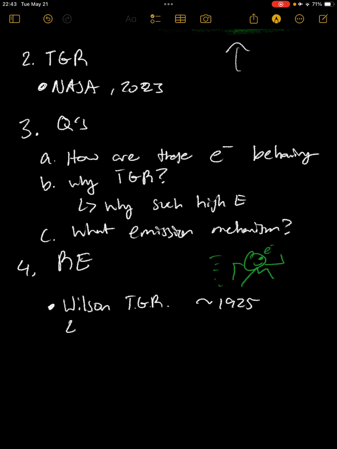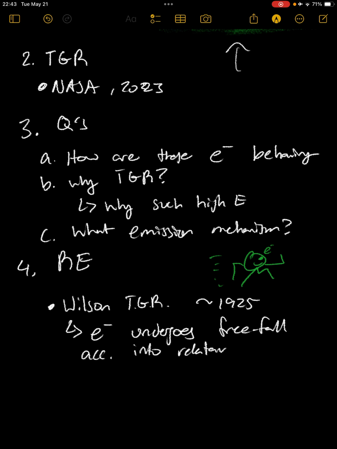And essentially, a runaway electron is an electron that undergoes free fall acceleration into relativistic particles. So it travels close to the speed of light, essentially.